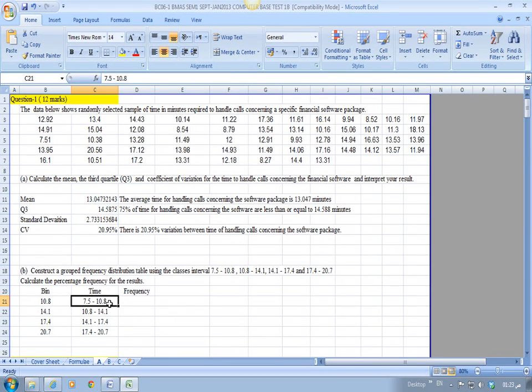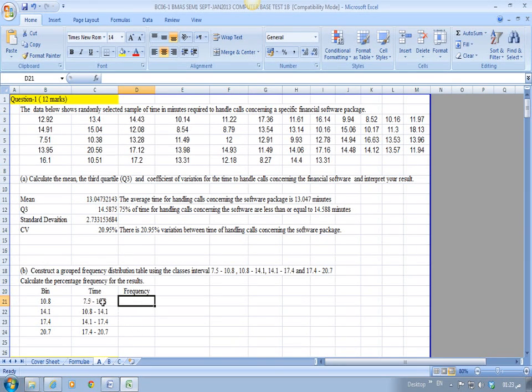Upper limit of the first one 10.8, 14.1, 17.4, 20.7. Calculate the frequency. So here we want the frequency.